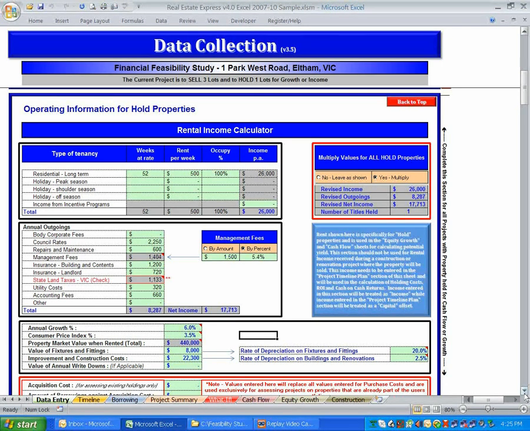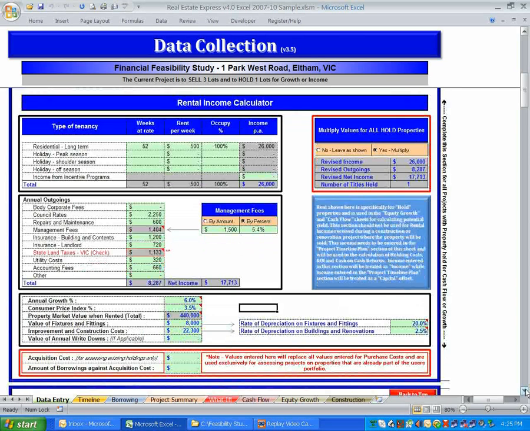At the bottom of this section, there's also a special area for dealing with properties or projects that involve properties that we already own. In this section, we can enter an acquisition cost, which is essentially the book value of a property that we already own. And we can also enter the amount of borrowings that we've got against that property.